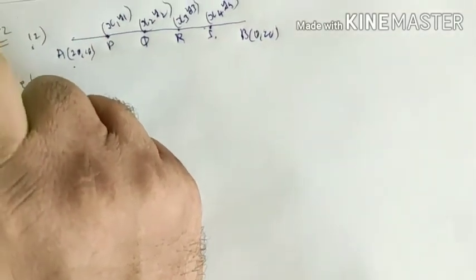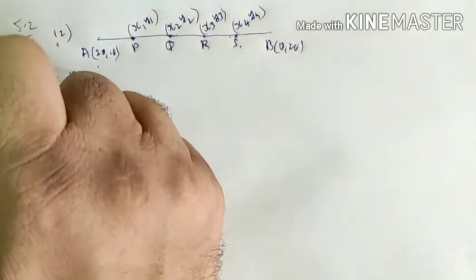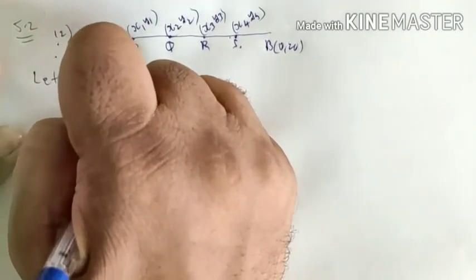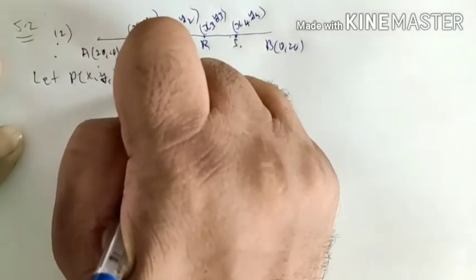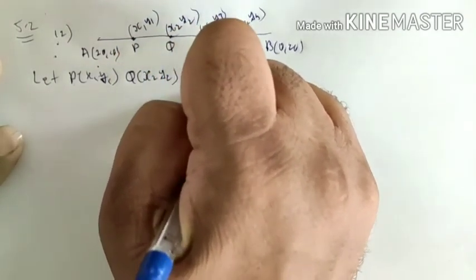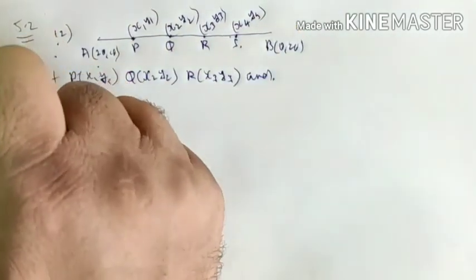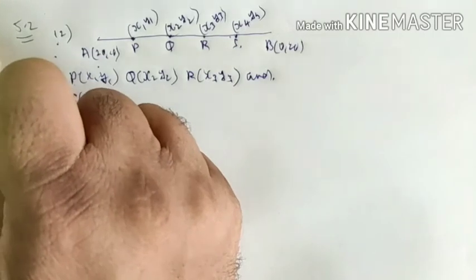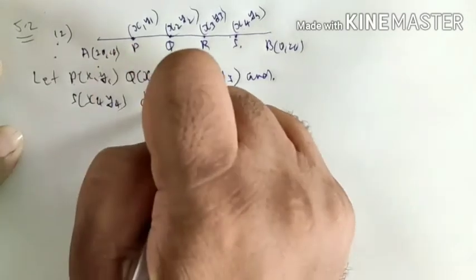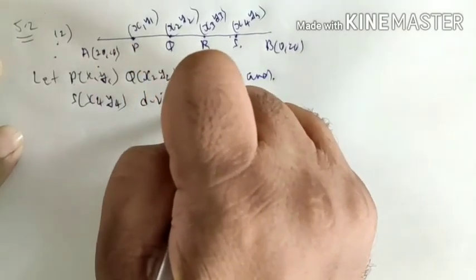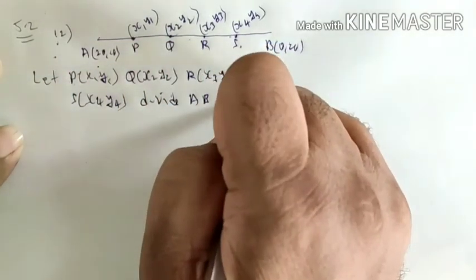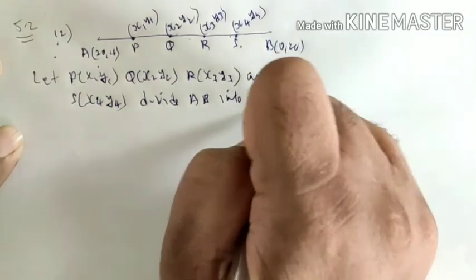Let P x1 y1, Q x2 y2, R x3 y3 and S x4 y4 divide AB into 1 2 3 4 5, into 5 equal parts.